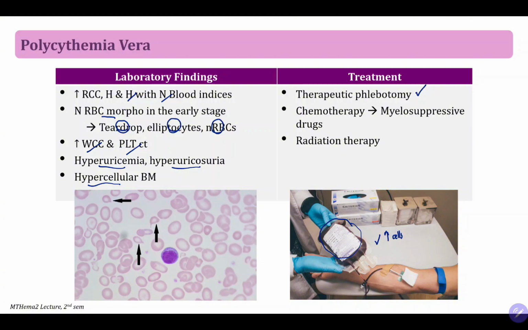Other treatment for this one is usually chemotherapy through the use of your myelosuppressive drugs such as your hydroxyurea, your chlorambucil, your interferon alpha, and your ruxolitinib. Okay? Other treatment may also be used such as your radiation therapy pero hindi na siya masyadong ginagamit because of the risk for another leukemia.